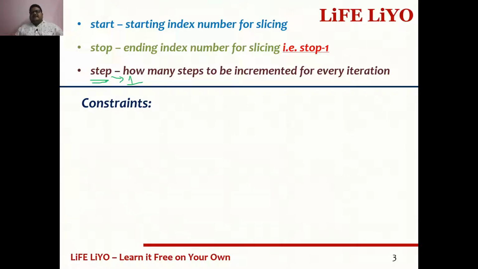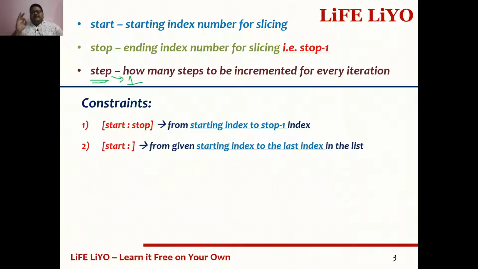Some of the concerns are: what will happen if you don't define start, what will happen if you don't define stop, what will happen if you don't define step. If you define start and stop, then it is going to create a slice from the list, from the starting index to the stop minus 1 index.